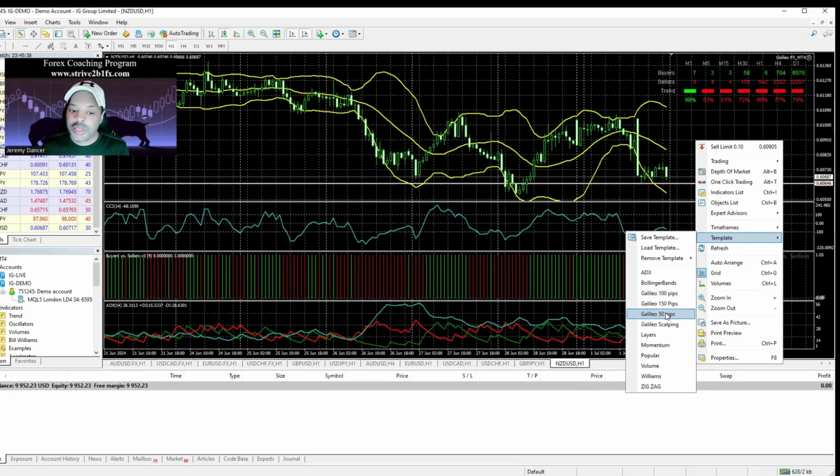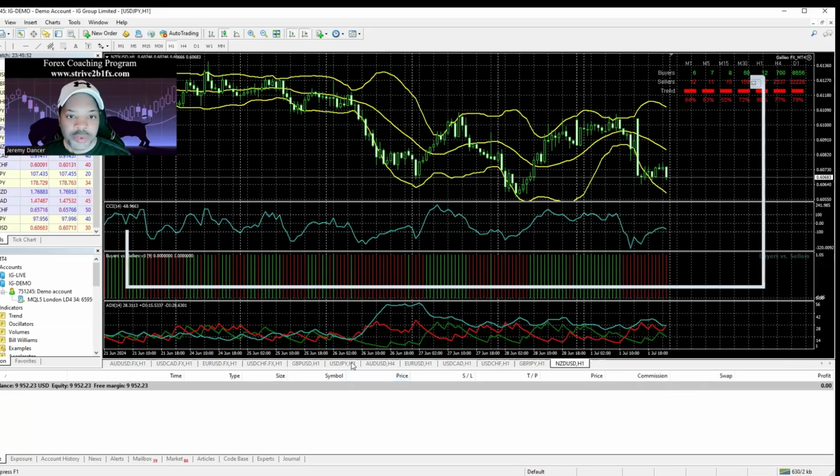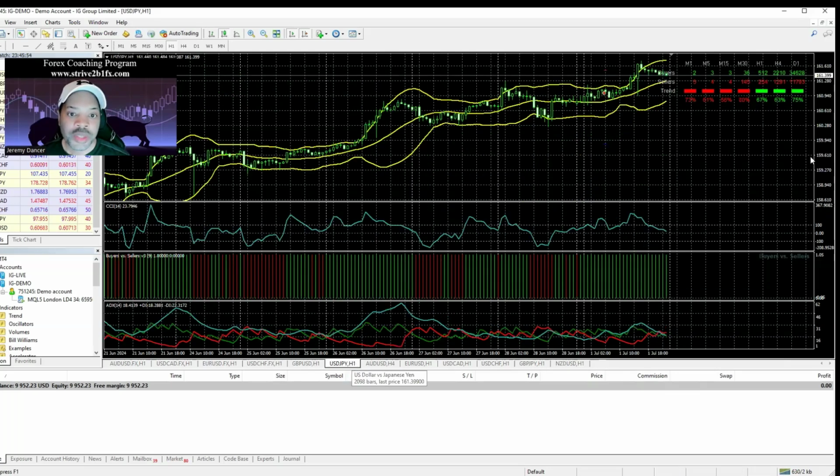So in this case, I would use my Galileo 50 pips setup, and boom, the settings are already set, and I'm ready to go.